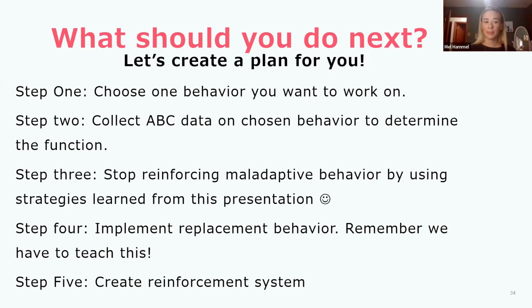So your first step is you're going to choose what behavior you want to work on. And I kind of mentioned checking those boxes. So you have to ask yourself, maybe we deal with the most dangerous behavior. Maybe we deal with the one that is impeding their daily life the most. Maybe we're dealing with the most socially significant one, and kind of go from there.